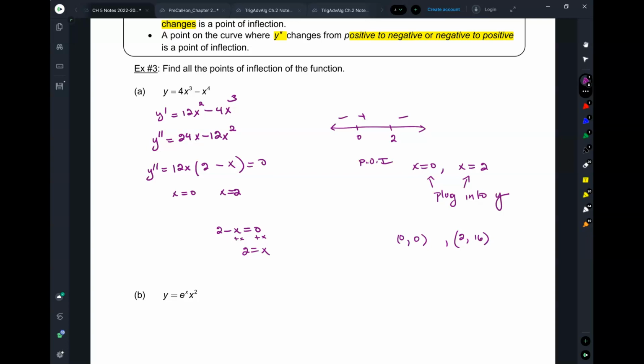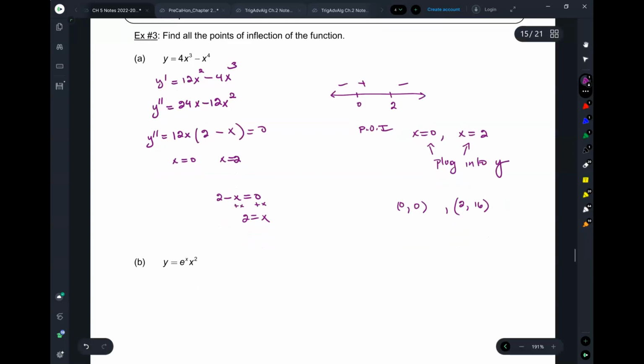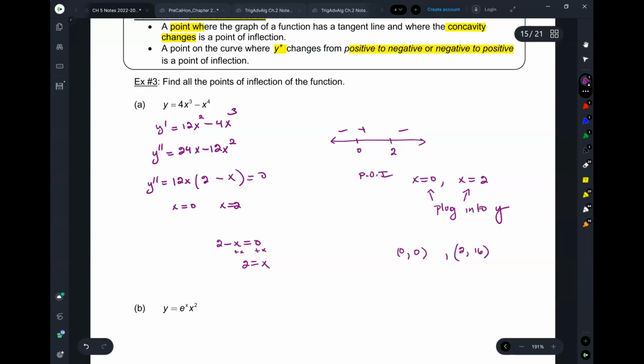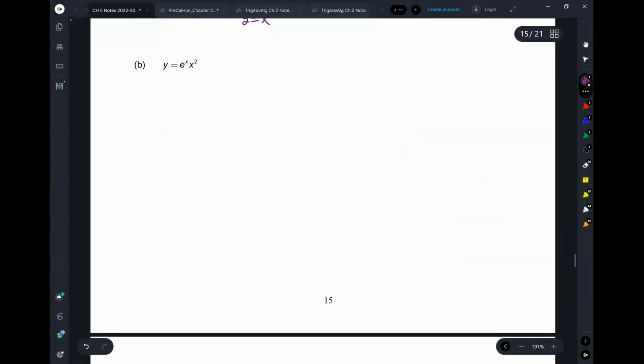Plug it into the original y? Yep, original y. You want it as points, that's the right way to do it. You plug 0 into the y, and 2 into there. Whatever you get. Okay, let's do another one.